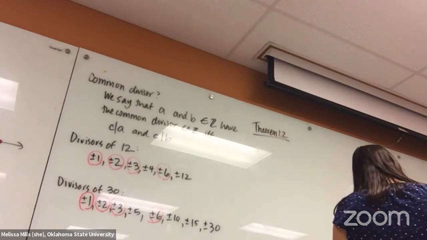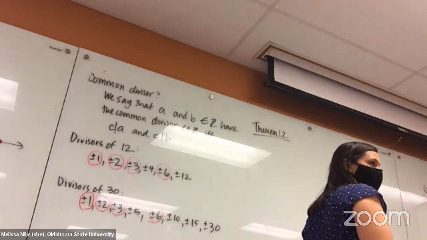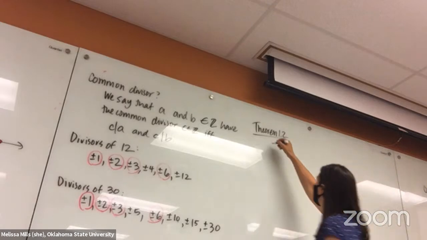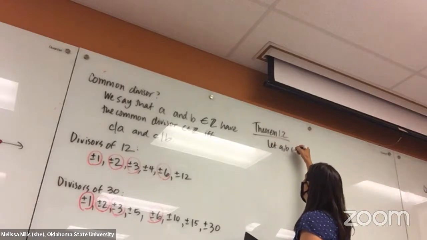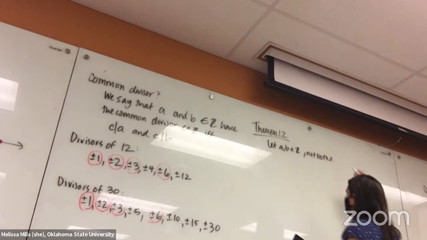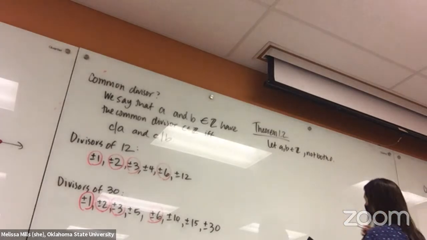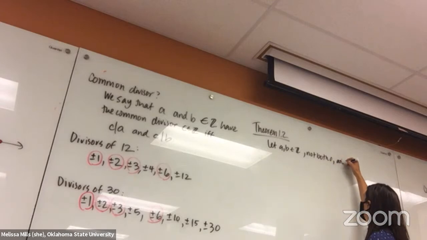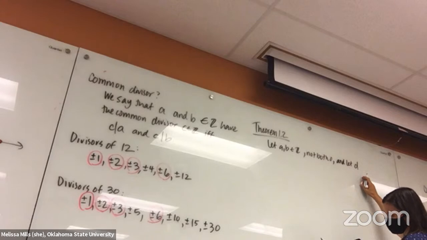So Theorem 1.2 says, let A and B be integers, not both 0, and let D be their greatest common divisor.